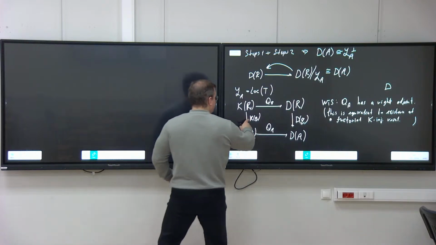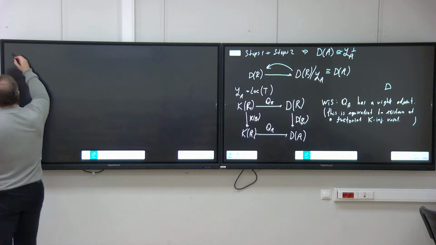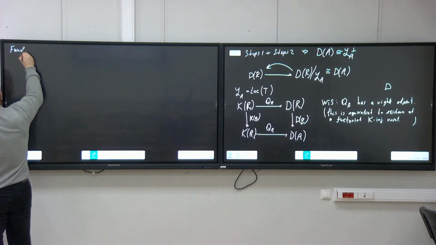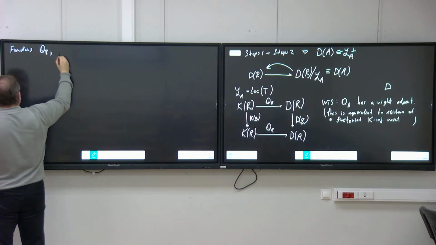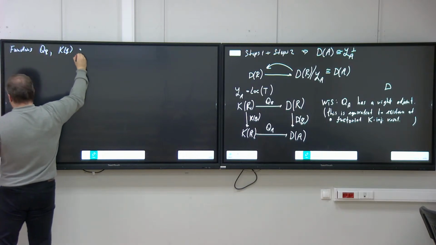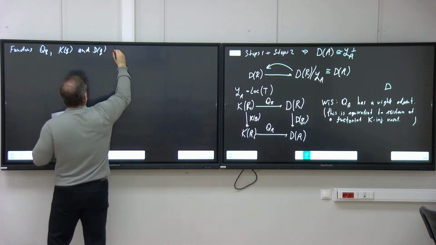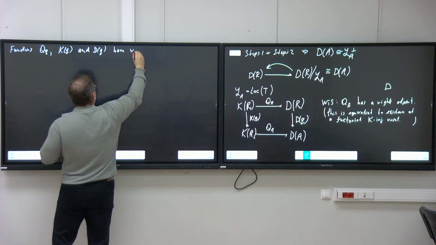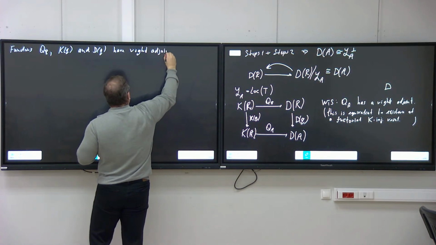And for the other two functors, K of Q and D of Q, there are also right adjoint functors. So the functors Q sub R, K of Q, and D of Q have right adjoints.